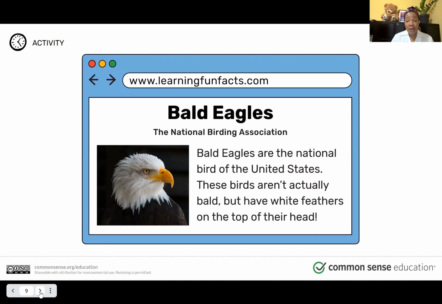You don't see a person's name as the author, but there is an association, a group of people called the National Birding Association. So they could be acknowledged as the author of this article. What's the website? What's the title? Remember the 3 pieces of information that you need to give credit: author, title, website.